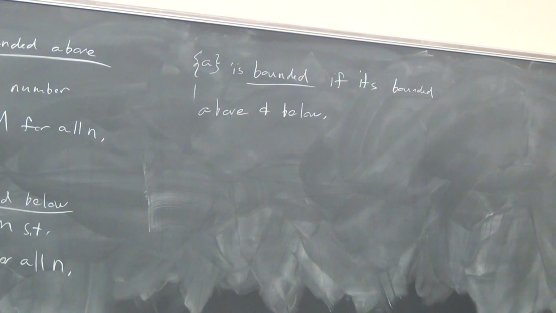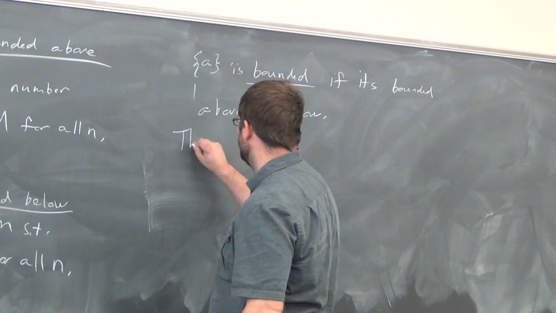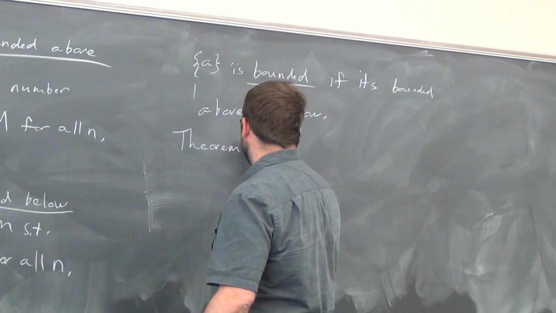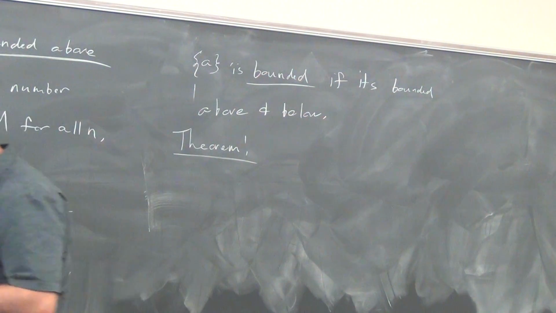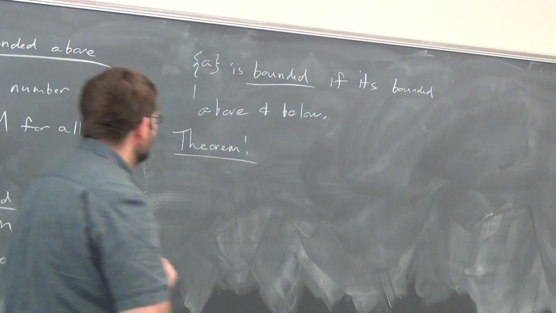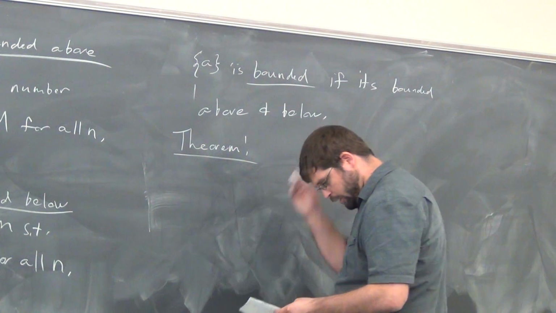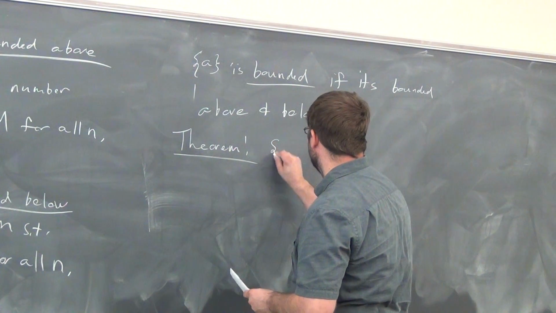Okay. And so we have a really important theorem about this. And so we're going to make a lot of use of it when we get to series and determining whether series converge or diverge. We'll try to show you at least one example here before we get to this.